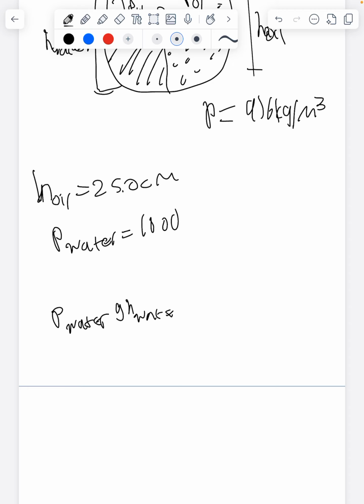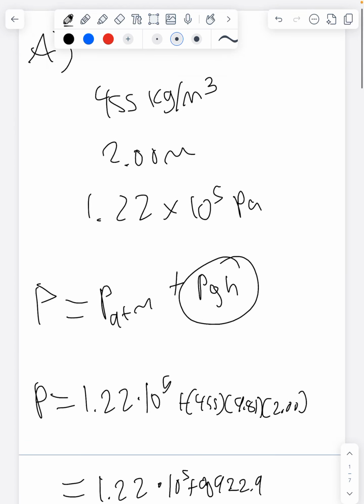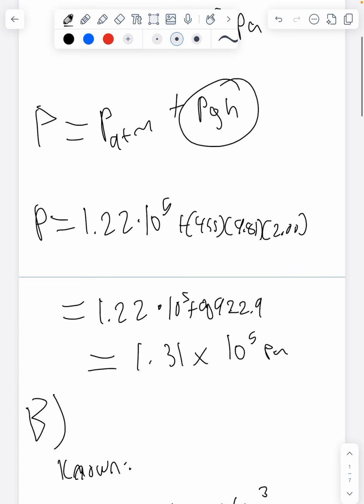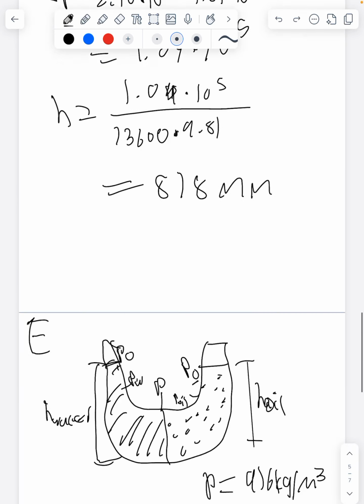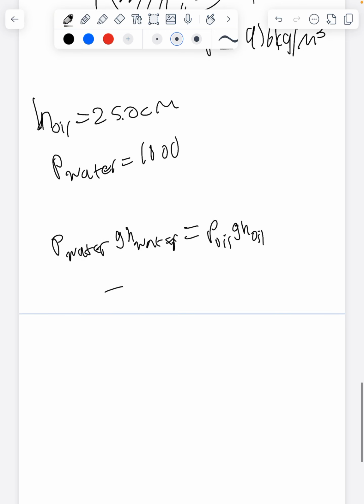This is basically the base equation that we found at the start, just replaced with water. And then we're going to set it equal to rho oil g h oil, and solve for the height of water by rearranging.